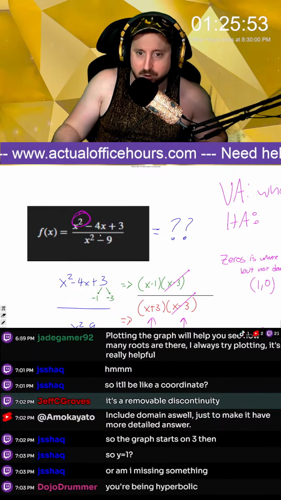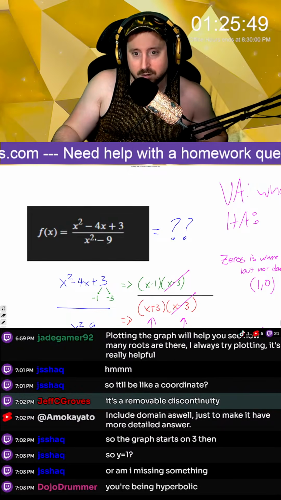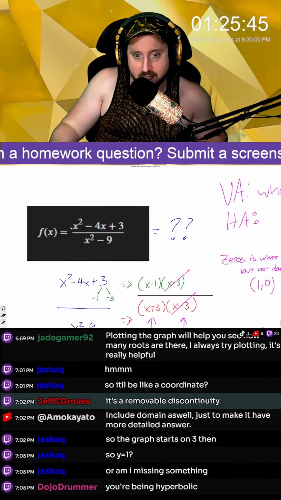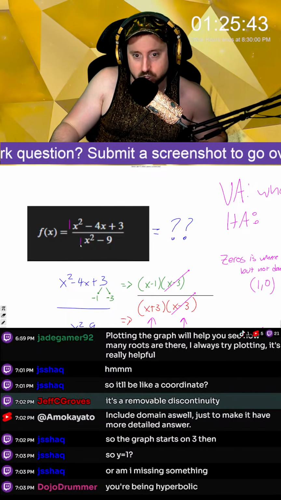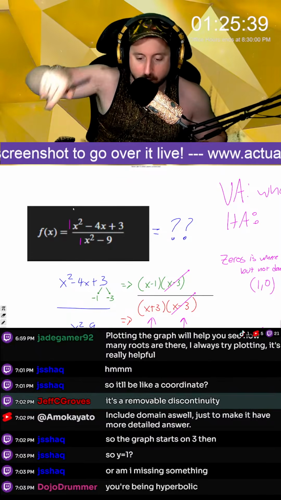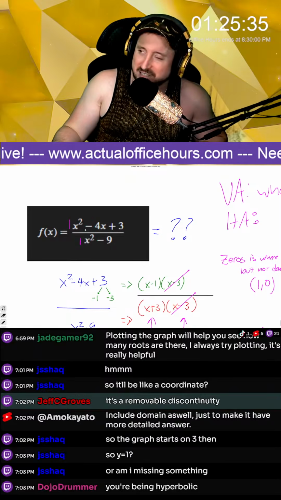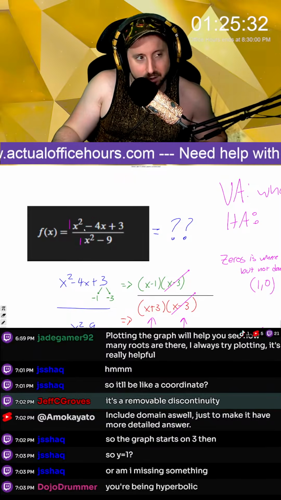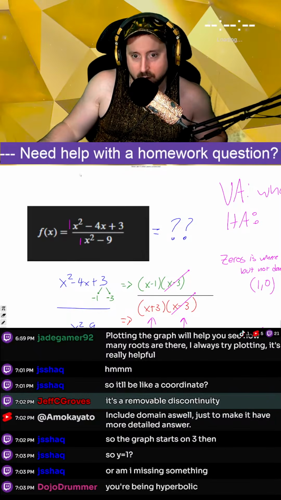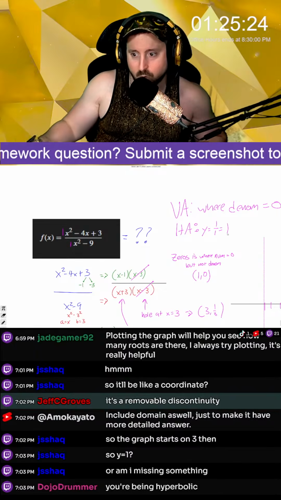Since the biggest power here is x squared, and the biggest power on the bottom is also x squared, this means your horizontal asymptote is located at whatever the coefficient is in front of the leading power on the top divided by the coefficient of the one on the bottom. They call it the leading power, I think, technically. So this means I have a horizontal asymptote at y equals 1/1. And this is just y equals 1.